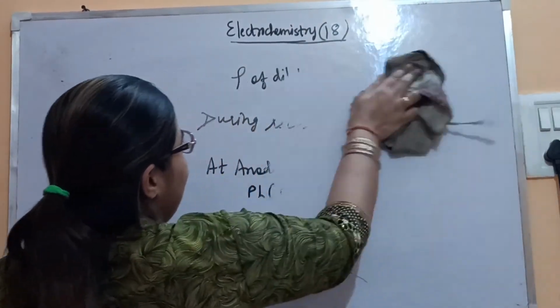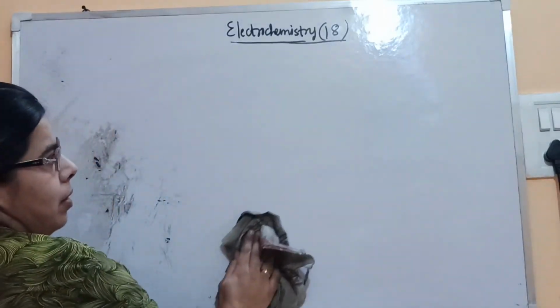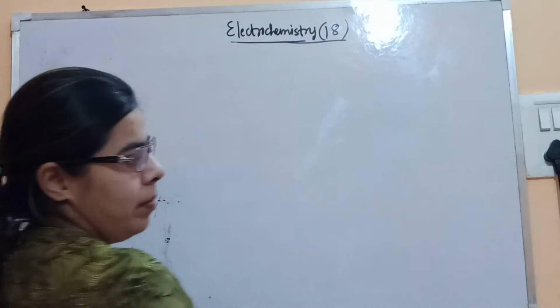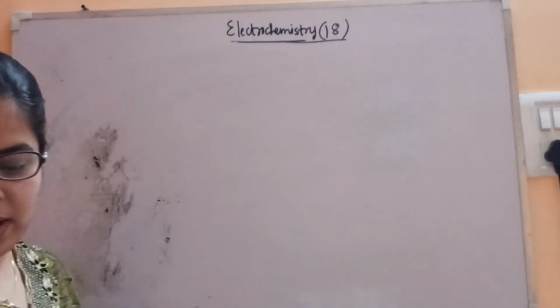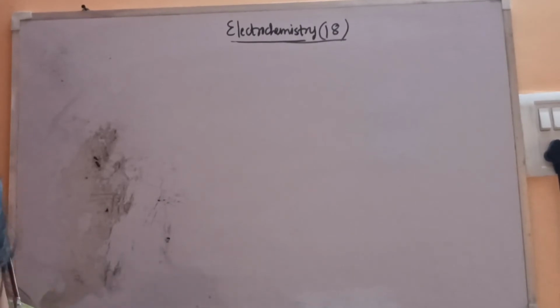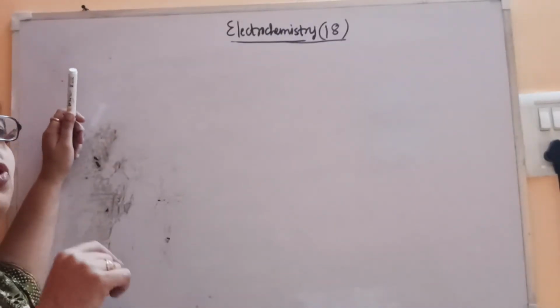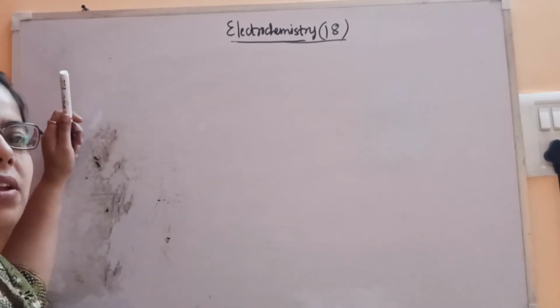So this is about the lead storage battery. Therefore, because the lead sticks to the surface, it is in a position to receive or gain electrons. That's why the reactions are getting reversed.